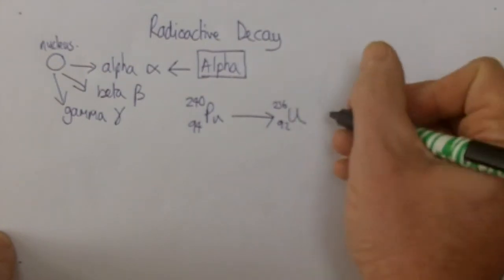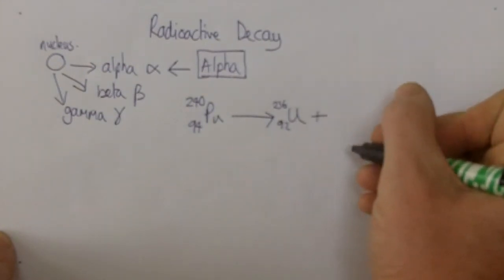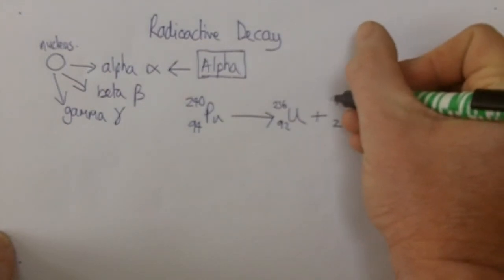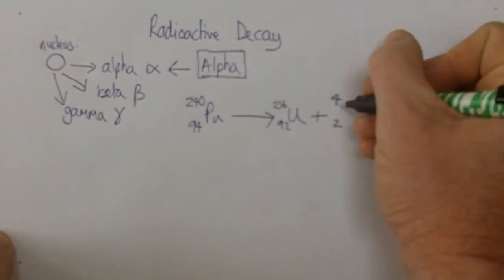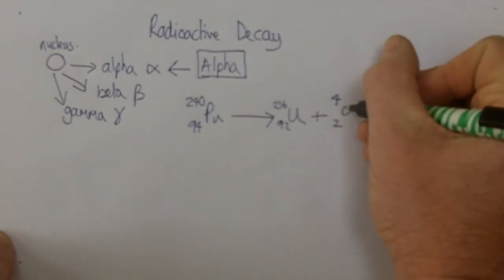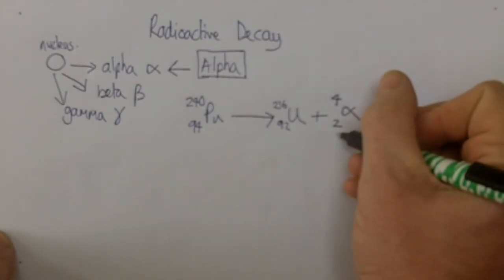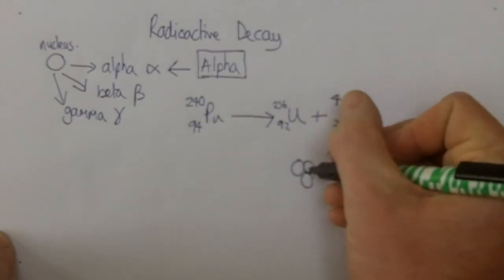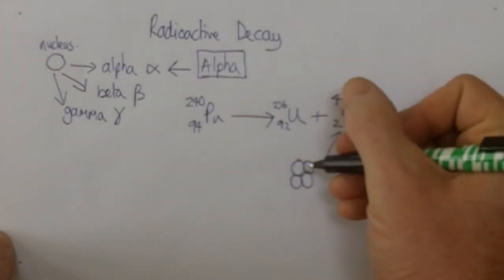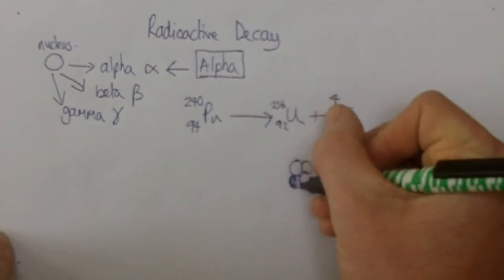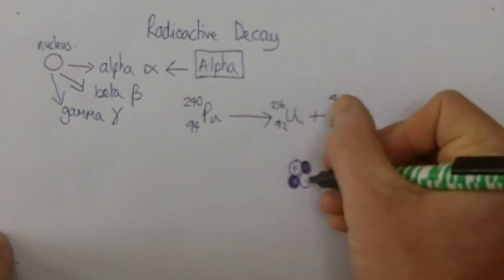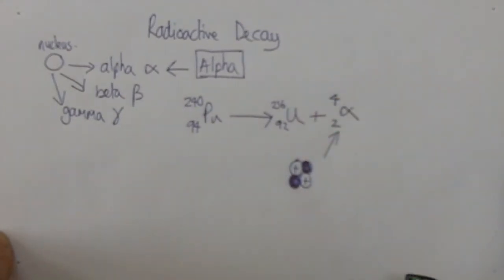So what we can work out from there is that what must have been lost is 2 protons and 4 particles altogether, and we call that an alpha particle. So an alpha particle is made of 2 protons and 2 neutrons. I'll colour in the neutrons as dark, but it really doesn't matter. Okay, so that is an alpha particle.